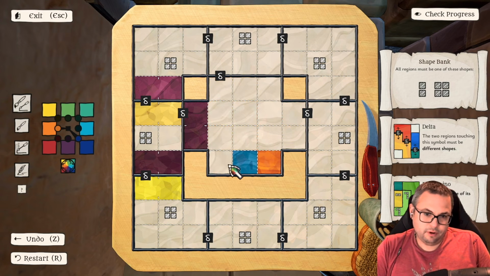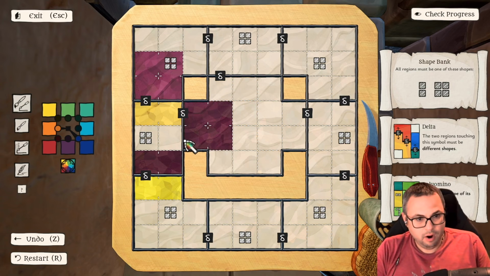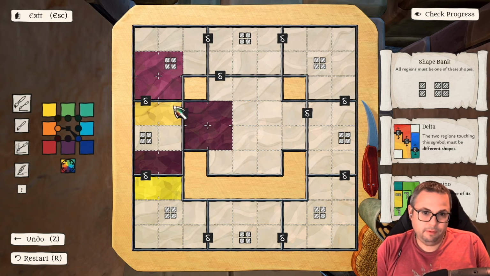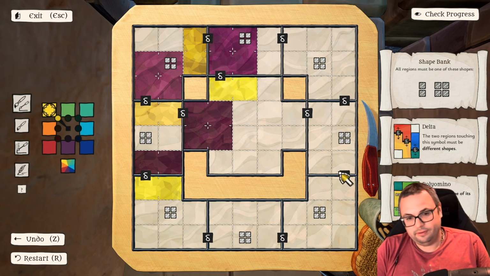Okay, I think I just have to draw this in. If purple is square, does something somehow go wrong with what happens? Because if purple is square, then this is a domino. This is a square. So this is a domino.